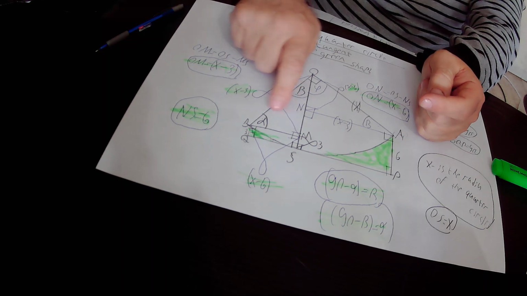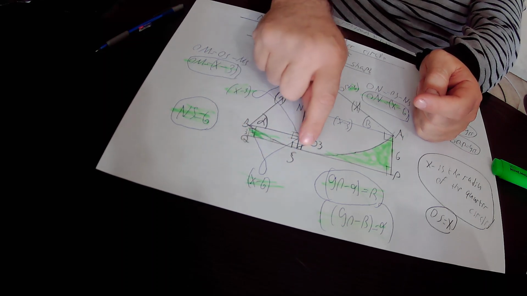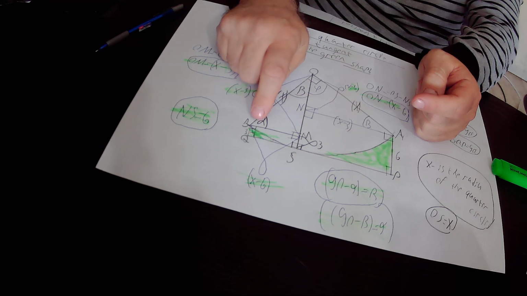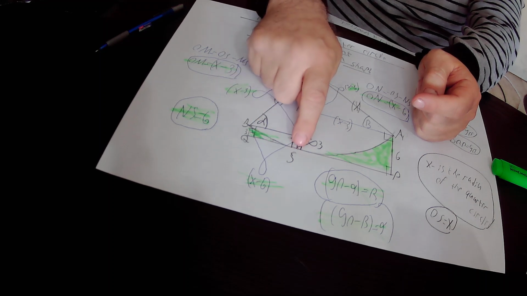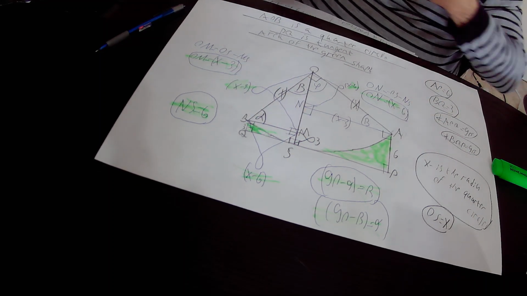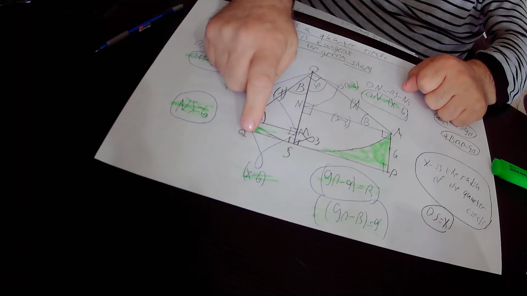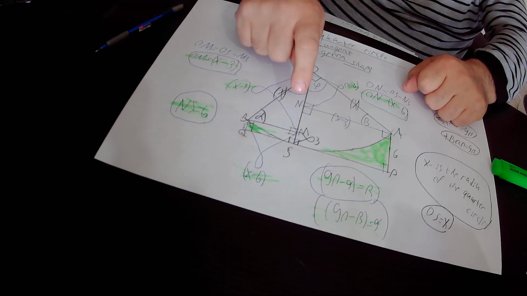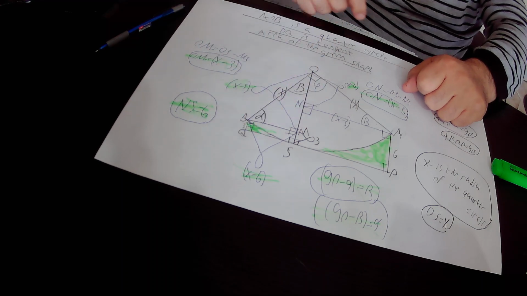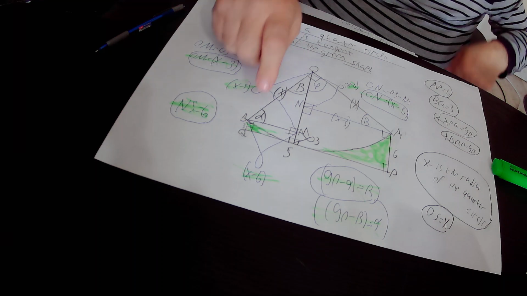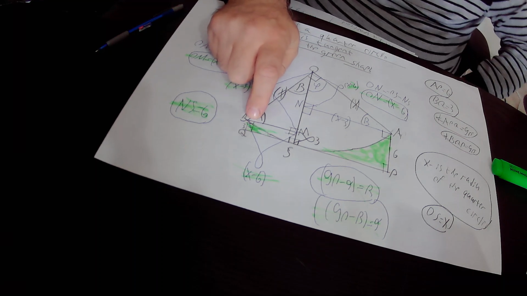So inside quadrilateral BMQS, inside this small quadrilateral, we have three right angles. The sum of those three right angles is 270 degrees, plus the size of this fourth missing angle.